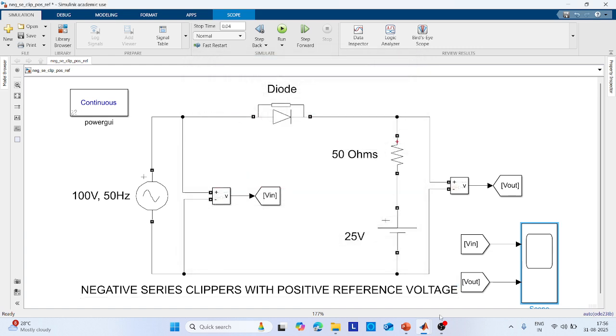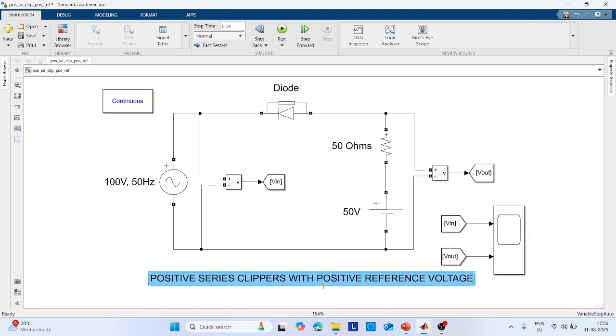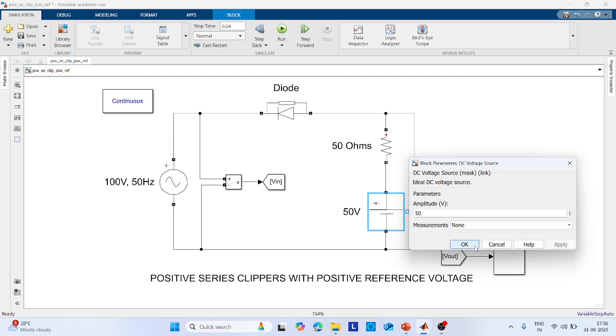Okay. Similarly, if I want to know what could be the value of the positive series clippers with positive reference voltage. So positive means what? I'm changing the diode position. You can see over here, diode position is changed, and also input voltage I have changed the value from 25 volts to 50 volts.